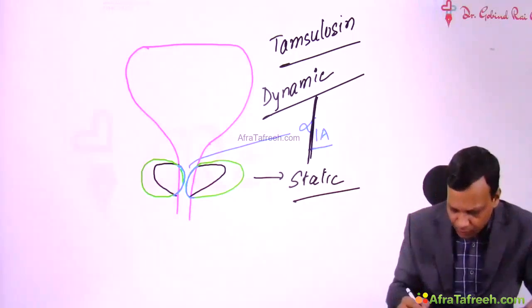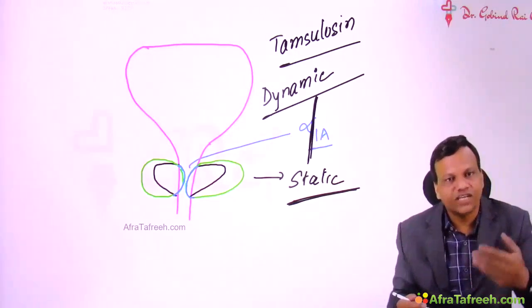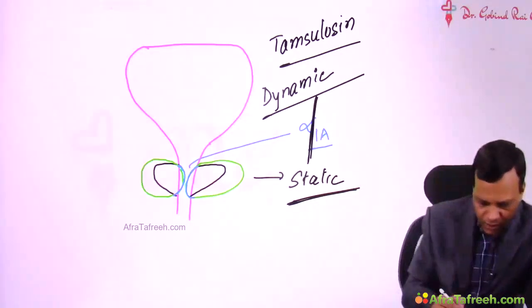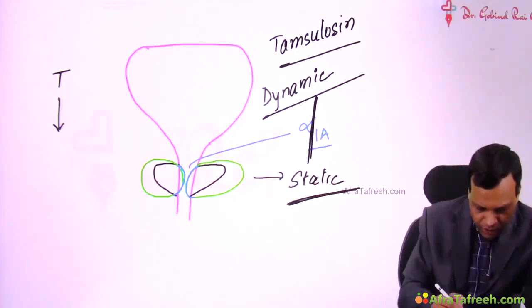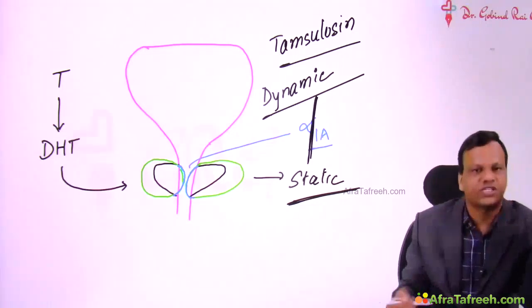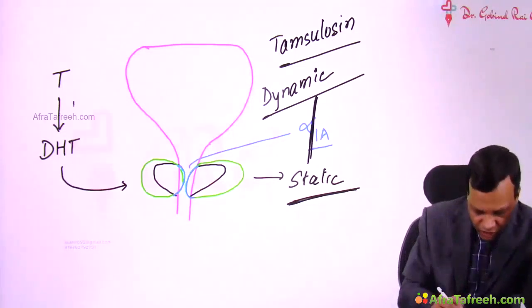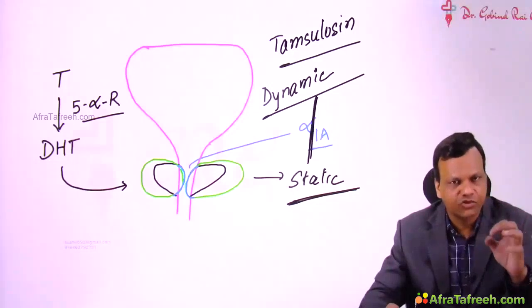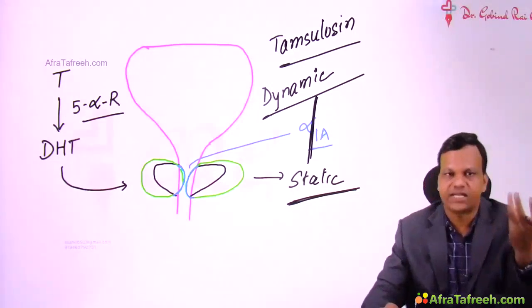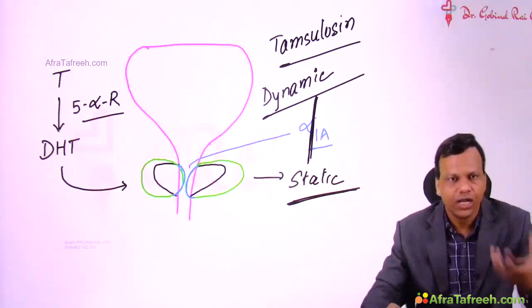On the other hand, the prostate grows because of testosterone. Remember, there is a hormone called testosterone. It is converted to dihydrotestosterone, which causes growth of the prostate. The conversion of testosterone to DHT is done by an enzyme called 5-alpha reductase. So 5-alpha reductase converts testosterone to dihydrotestosterone.